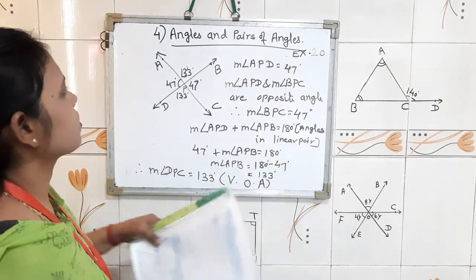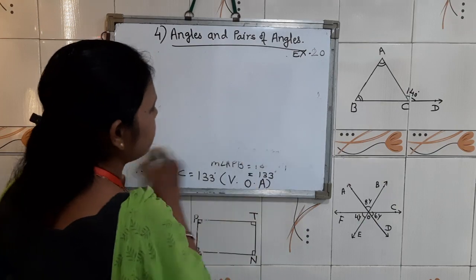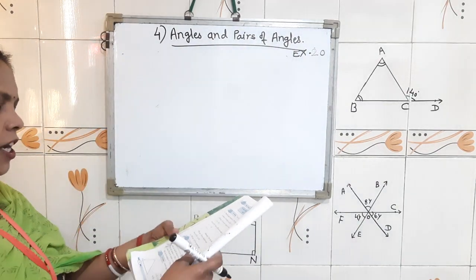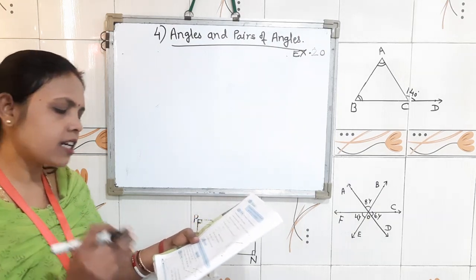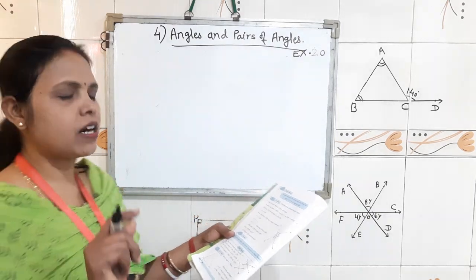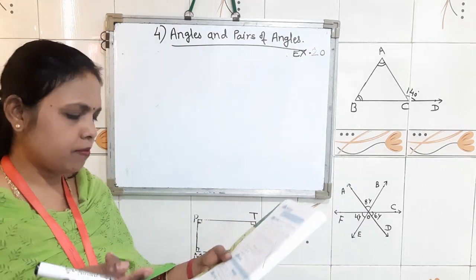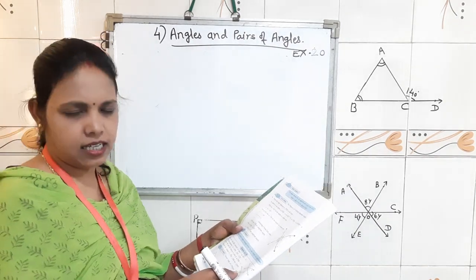Now children, related to this sum only, one more question is there, that is question number 2. Line PQ and RS are drawn, one angle is given x degrees. So children, orally only I am giving the answer. PMR x degrees.